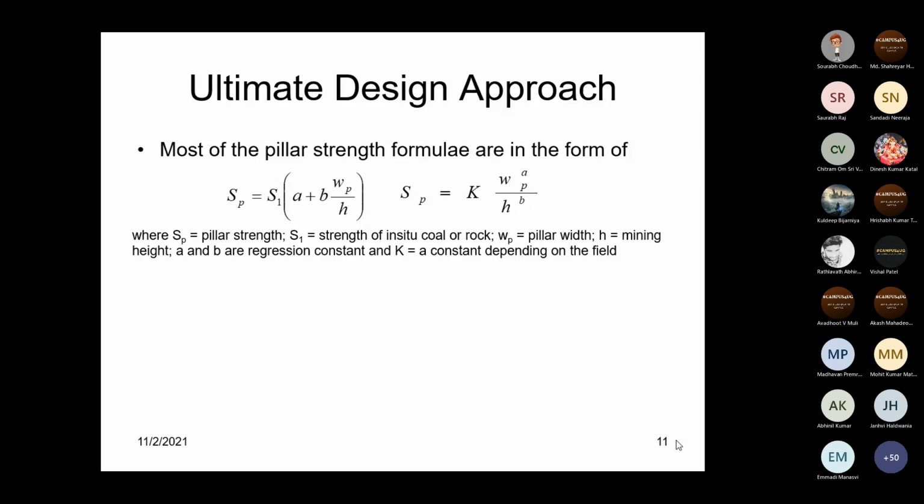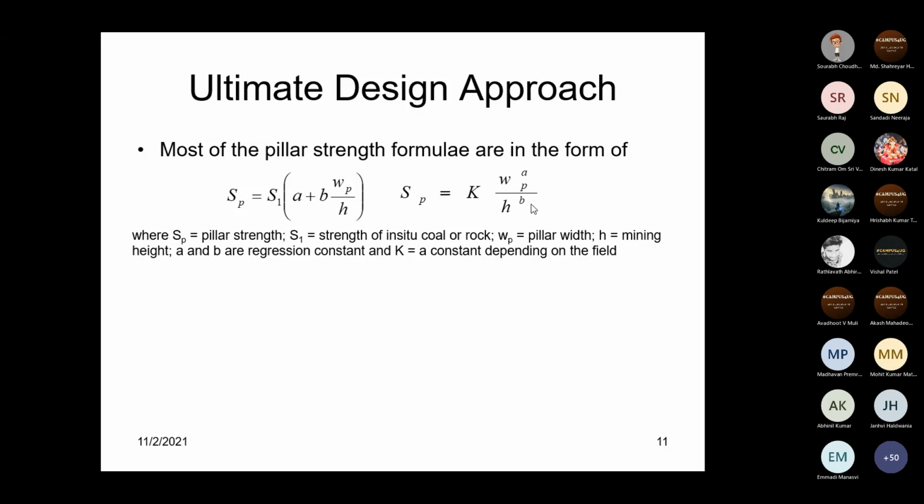One represents a straight line, where SP, the strength of the pillar, is equal to S1 multiplied by (A plus B times WP by H). This is the form of the equation of the strength of the pillar. Another is the strength of the pillar equal to K times WP to the power A and H to the power B. These are the two forms of equations which have been developed.